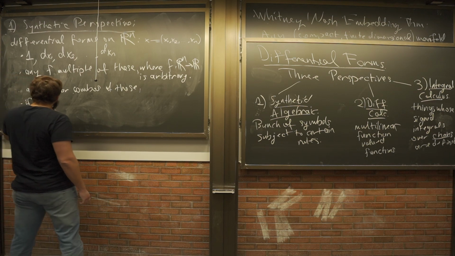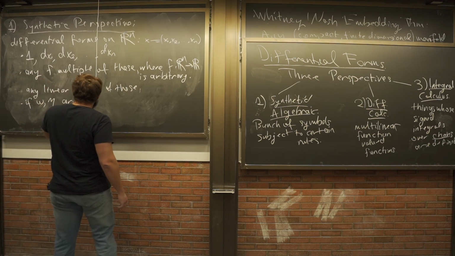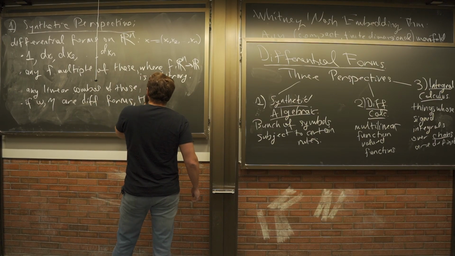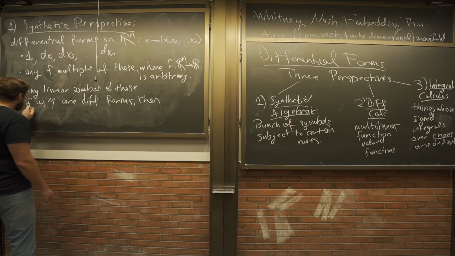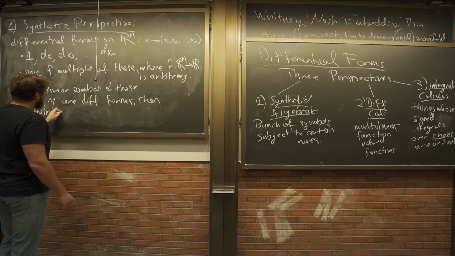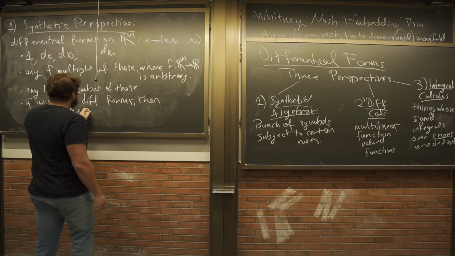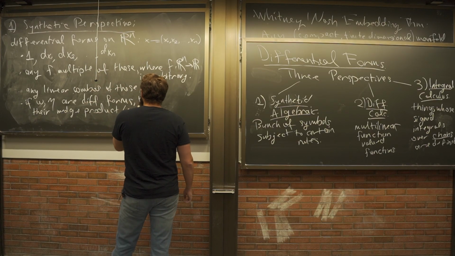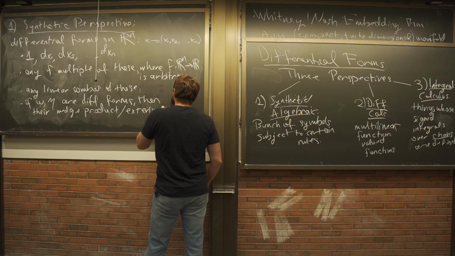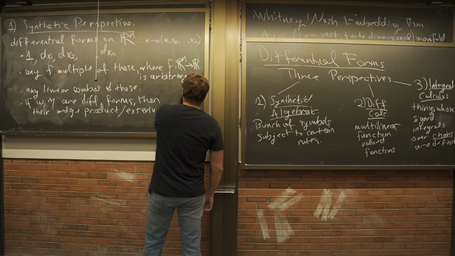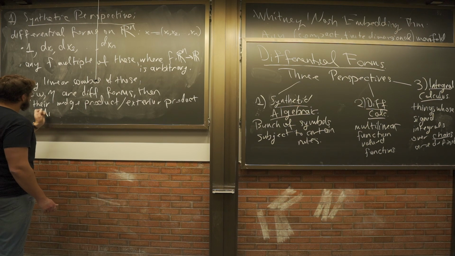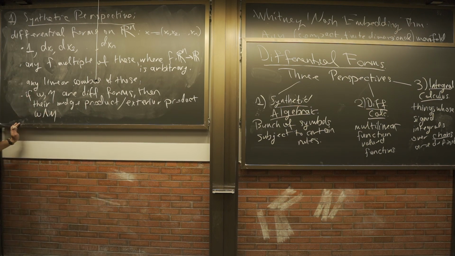If omega and eta are differential forms, then their wedge product, or exterior product, you could see that word as well, you write it like this, and this is what you call wedge.